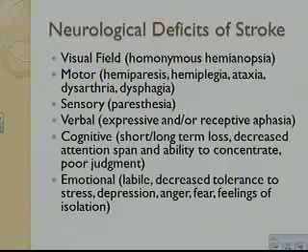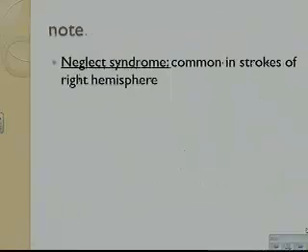So on to the next little thing. There is something out there called neglect syndrome. And what neglect syndrome is, it's affiliated with strokes that are in the right hemisphere.